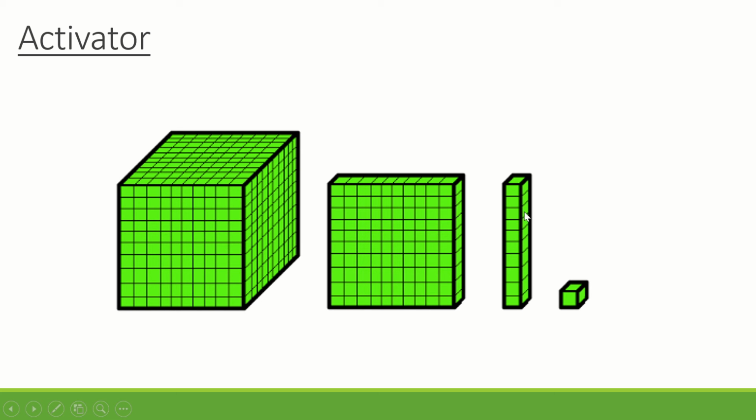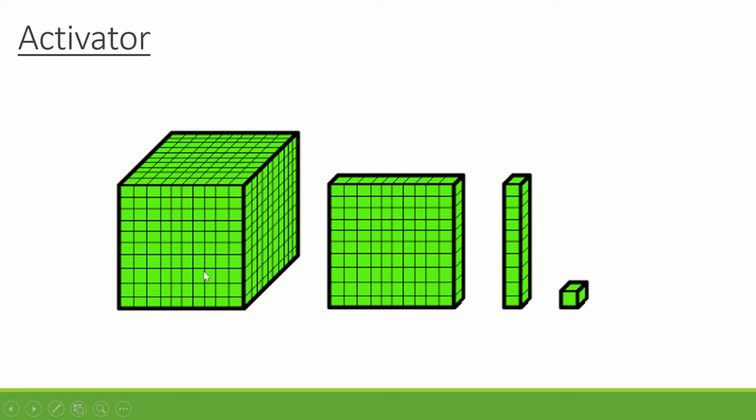Again, in this case, we have a rod that is built out of 10 units. Here I have a flat that is built out of 10 rods. And here I have a cube that is built out of 10 flats.